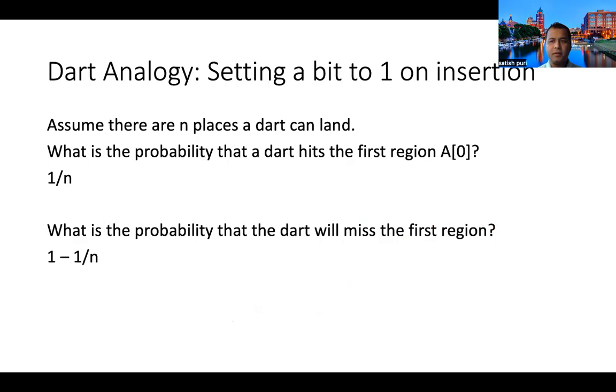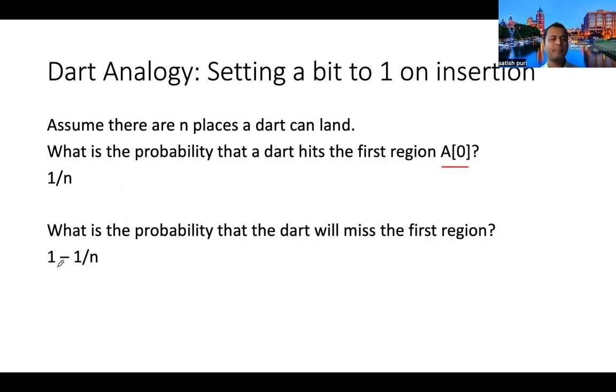All right, so let's keep going. Dart analogy, setting a bit to 1 on insertion. Assume there are n places a dart can land. What is the probability that a dart hits the first region? It could have gone to any one of them, so the probability that it will go to the first one is 1 over n.